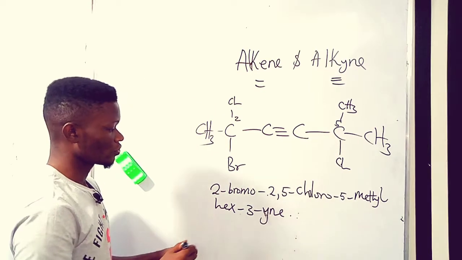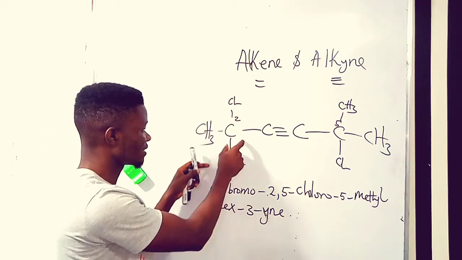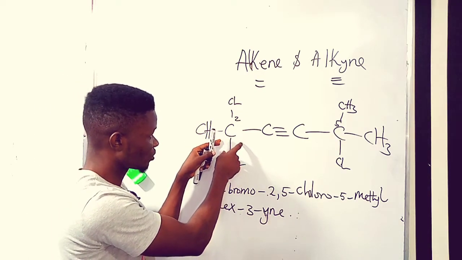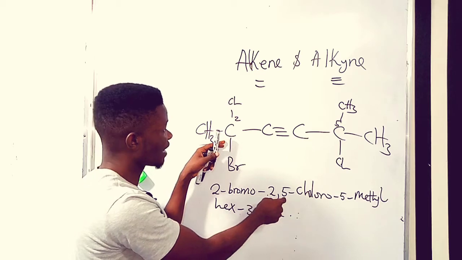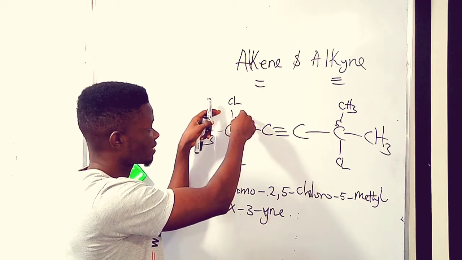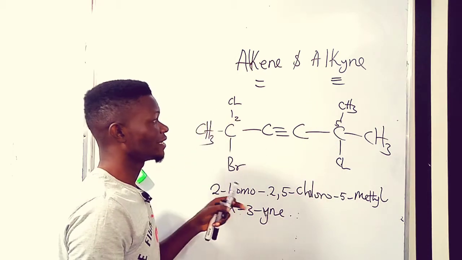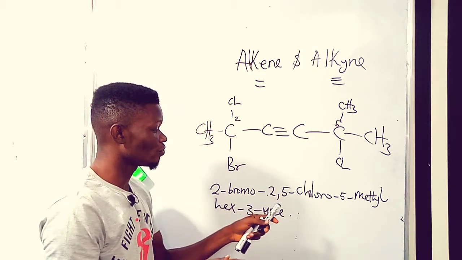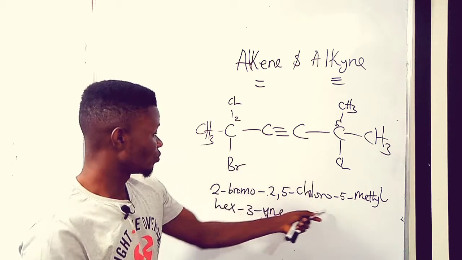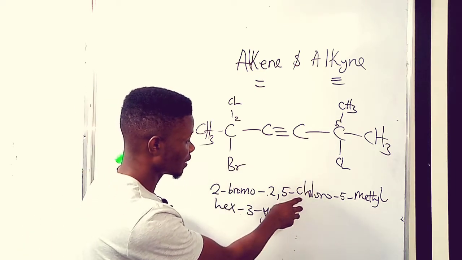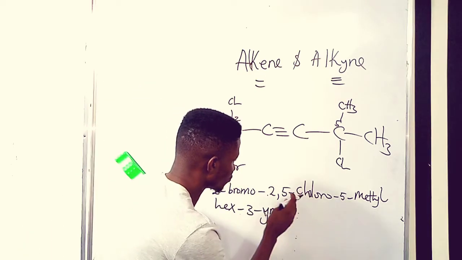All right, so this is 2-bromo, that is the bromine is at the second carbon atom. 2,5, that is the chlorine is at the second carbon atom, also the 5th carbon atom. Now the chlorine is multiple, so we use the prefix of what? Dichloro.